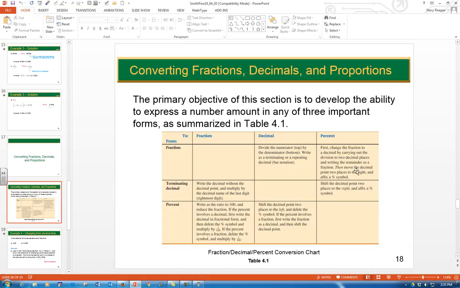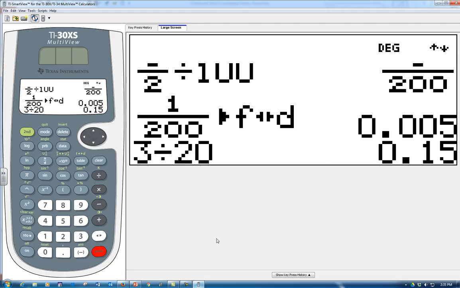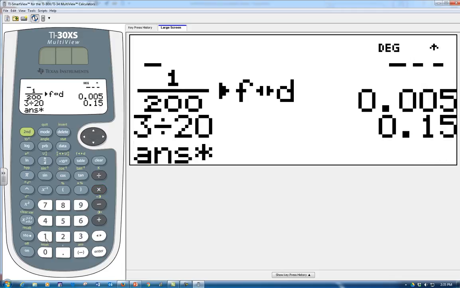So now if we wanted it to be a percent, it says first change the fraction to a decimal. So we have our decimal that's here on our calculator, which is 0.15. And in order to change a decimal to a percent, you do the opposite. So we're going to multiply by 100. So this would be 15%.